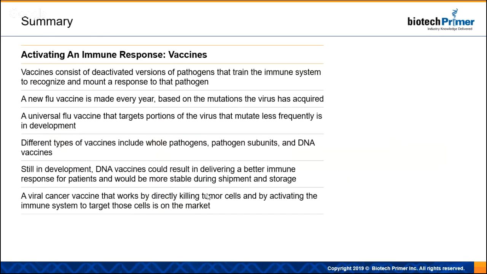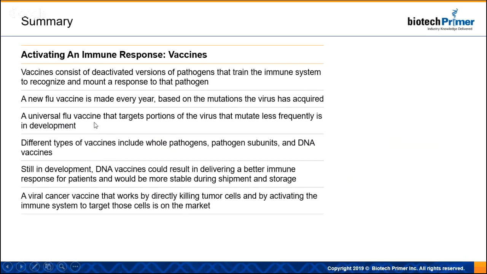So this concludes our section, activating an immune response. Vaccines are just deactivated versions of a pathogen that train the immune system, so that when we're exposed to the same pathogen again, we have a very quick response. Because the flu vaccine mutates so rapidly, we produce a new flu vaccine every year.